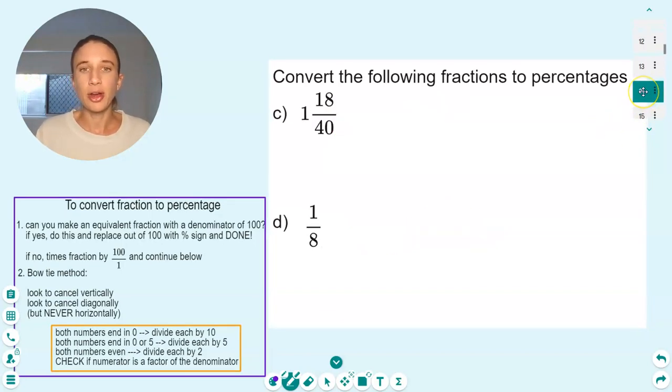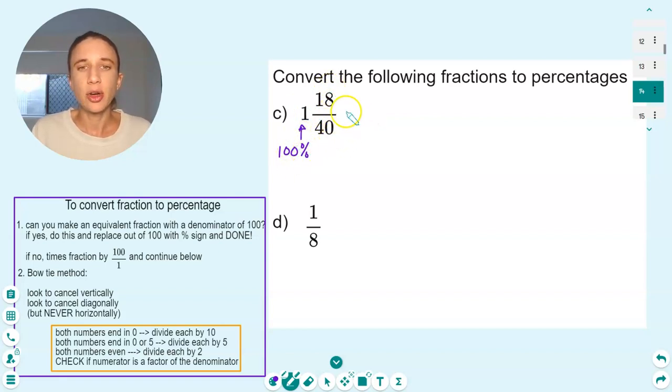So let's keep going. Convert the following fractions to percentages. 1 and 18 over 40. Looks a little bit scary, but that's okay. 1 is the same as 100%. So I might just write that as a little reminder, and I'm going to ignore the 1 for now. Ignore that 1 out the front, but just remember the 100%.